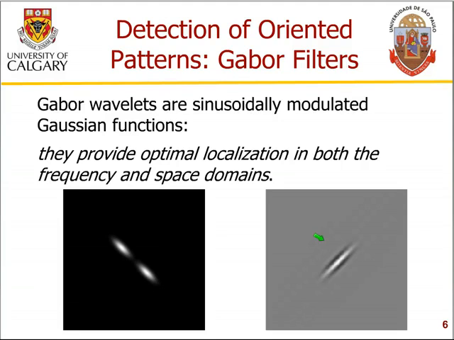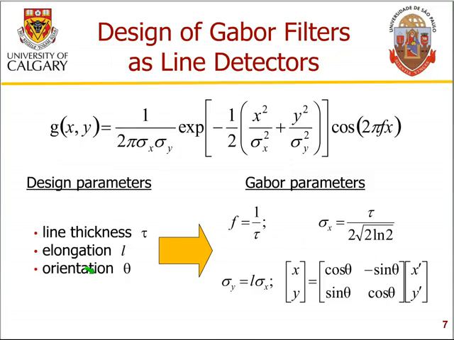So the Gabor filter is a bandpass filter, and because this function has been rotated to 45 degrees in the image domain, the corresponding frequency components are passed, which are located at an axis of 135 degrees in the frequency domain.